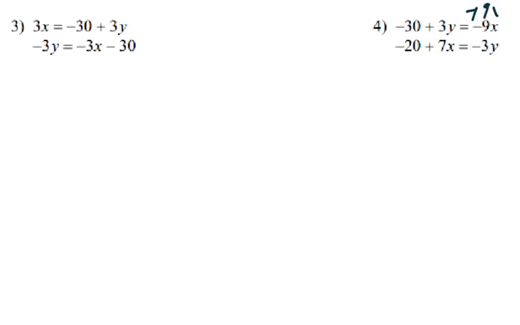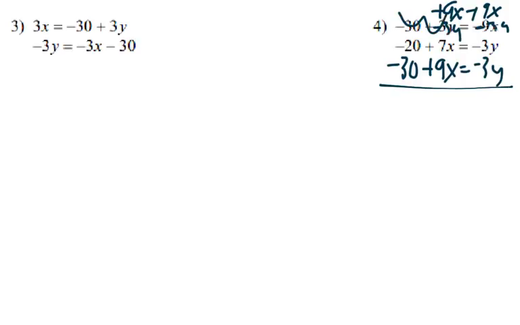So let's add 9x here. So we get -30 plus 9x, and then we'd subtract 3y, so we get -3y. Now I cannot worry about that one, and I've got those two. So a -3 and a -3 means we've got a minus.